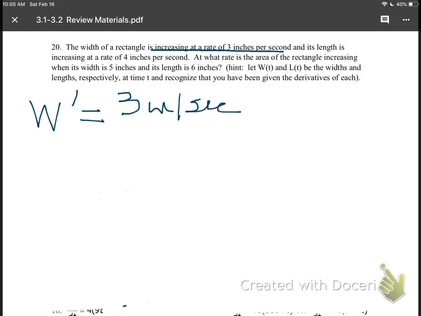It's telling me how it's changing. And its length is increasing, so its length is also increasing at a rate of 4 inches per second. So that's 4 inches per second. So that's length, so that's L prime. Okay, so this is going to be 4 inches per second.